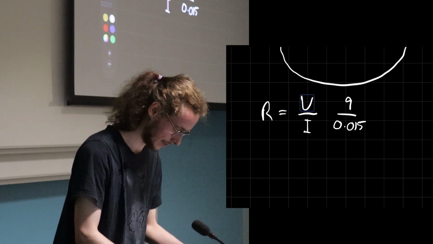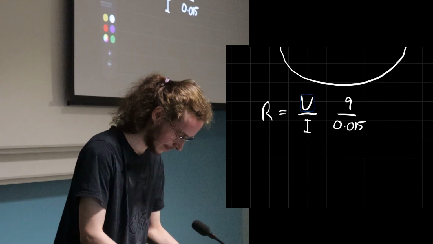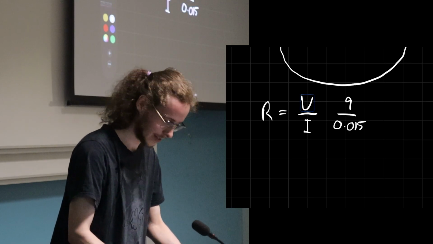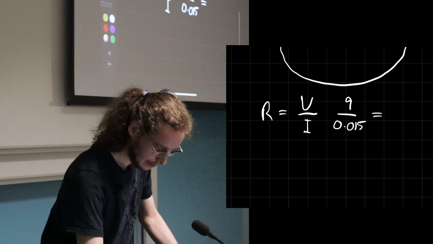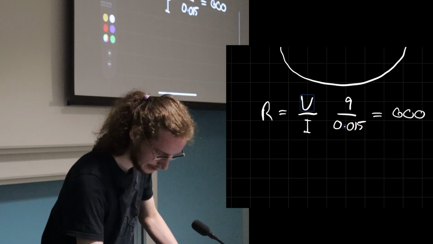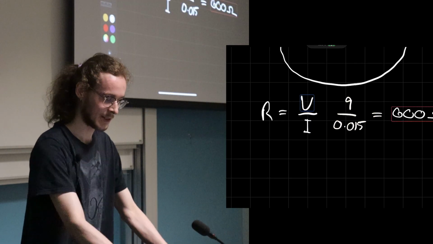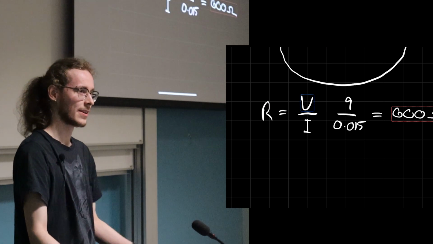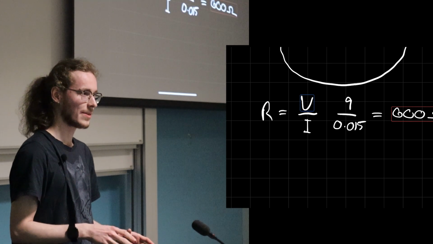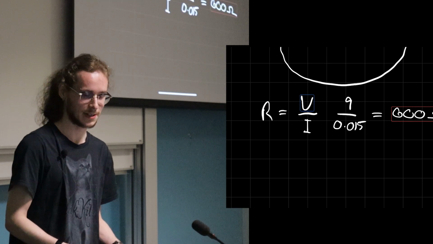Now, if I put that into a calculator, we get 600 ohms. So that tells us we need a resistor that has the resistance of 600 ohms.